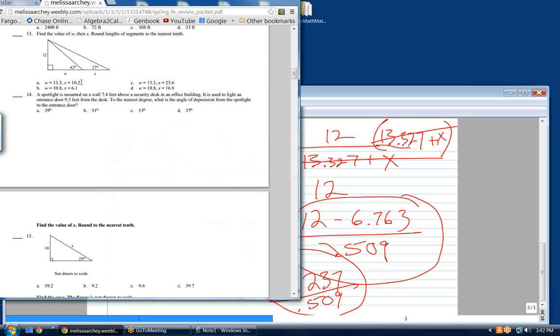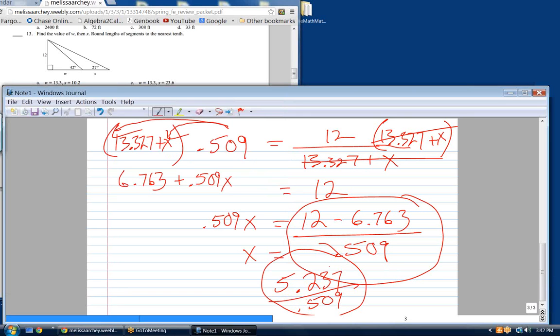X has got to be 10.2. If you bring this up on a calculator, that'll be 10.2. Well, not on the calculator, it's not.